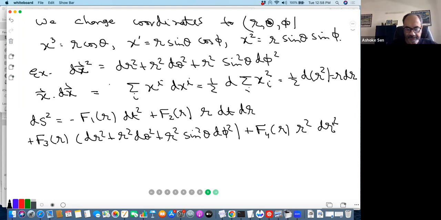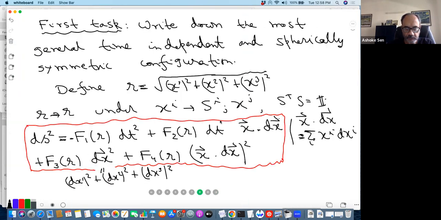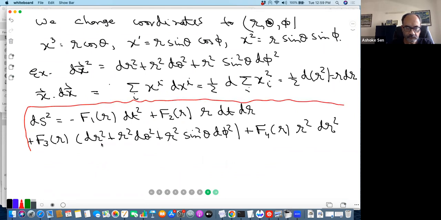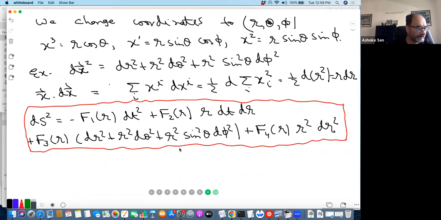All I have done is to use the same metric that we had written down last time in the previous slide, and rewrite the dx squared and the x dot dx in polar coordinates. That's what gave rise to these forms. Are there questions?